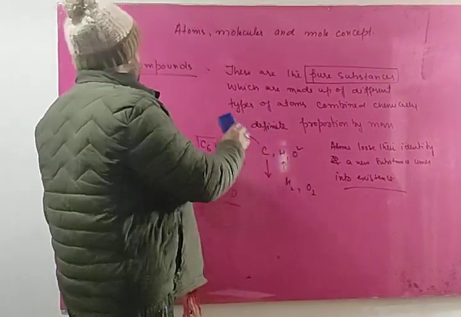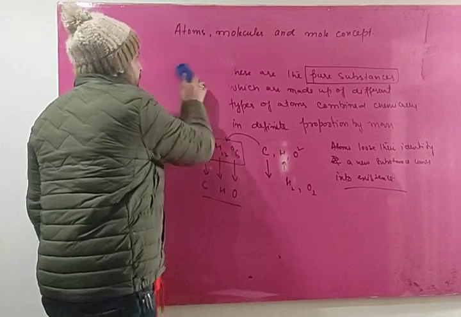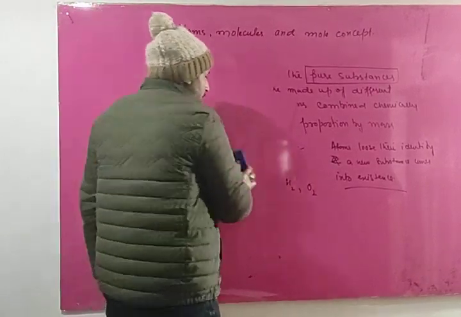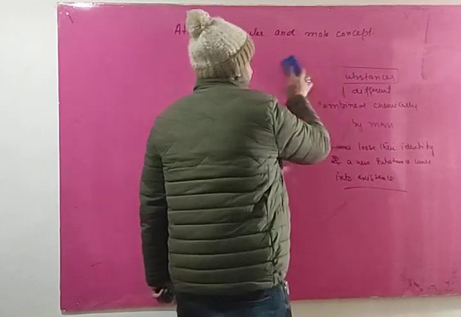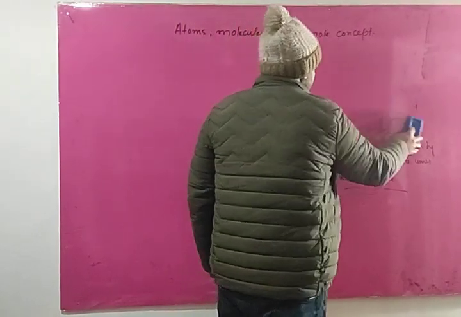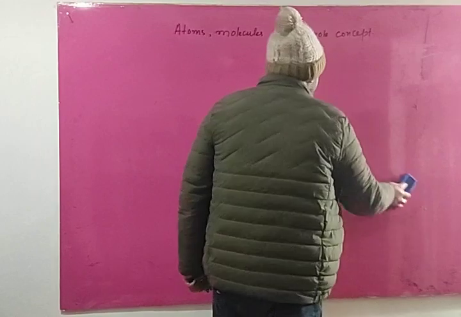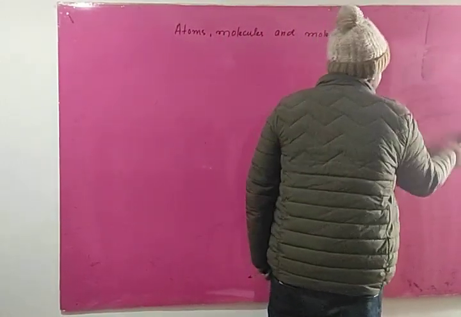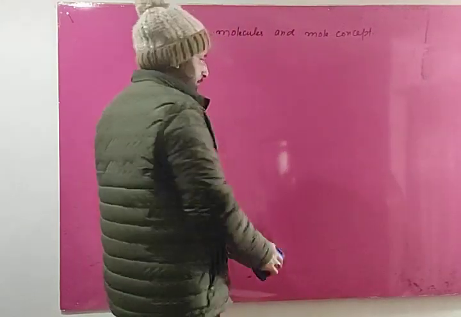We are trying to understand what are the constituent particles of a substance. So far we have discussed two things. One is the atoms, another is the molecule. Now the third thing that we have to understand is the ion.